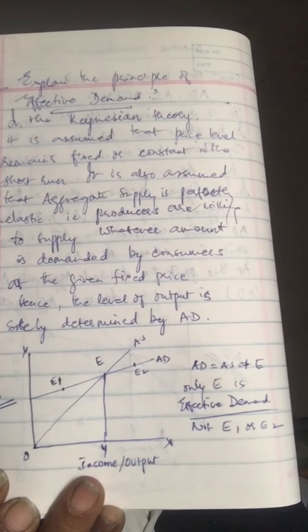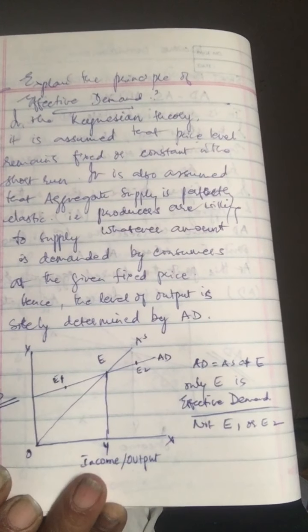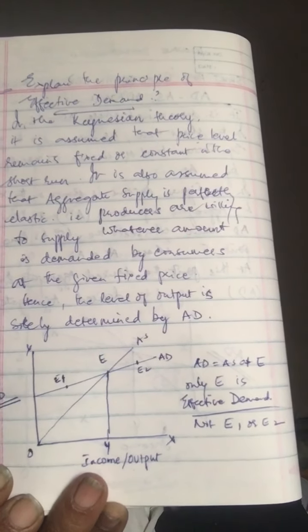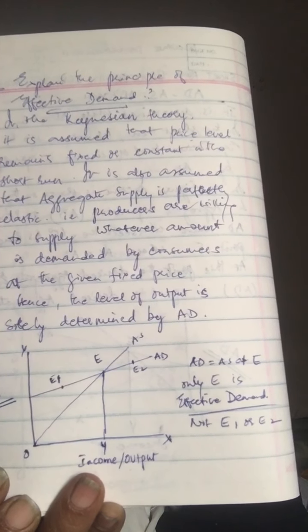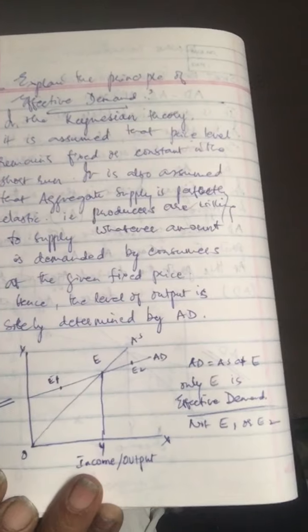Any other point located on the AD curve like E1, E2 is not effective. Sometimes you do get, what do you mean by effective demand? Here we are not talking about full employment equilibrium, underemployment equilibrium and things like that. We are just talking about effective demand, the point where AD is equal to AS.